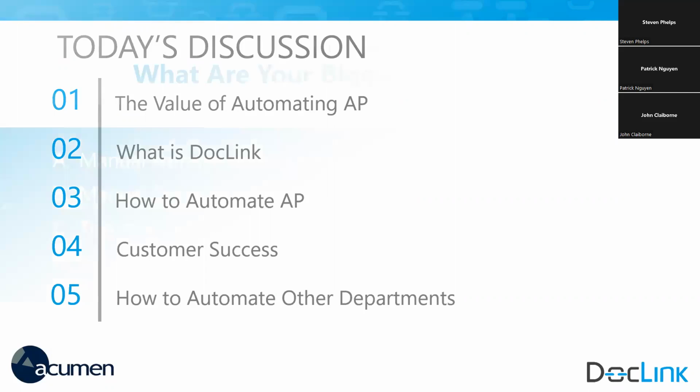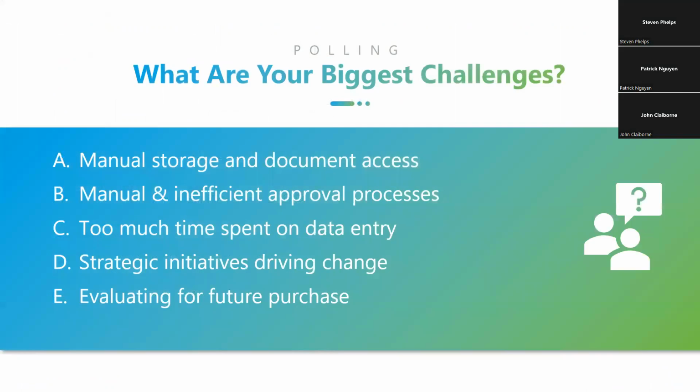So at this point, it comes to our first polling question. And Stephen, if you could pop that open for the attendees to select the best answer on what are your biggest challenges here with your organization. Is it A, document storage and access is very manual because it's paper?